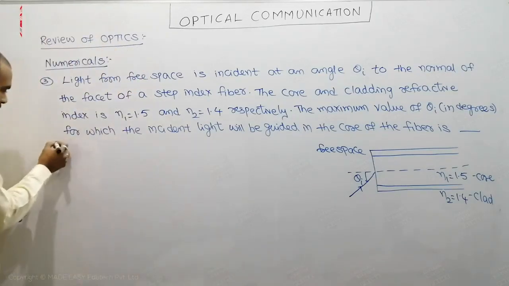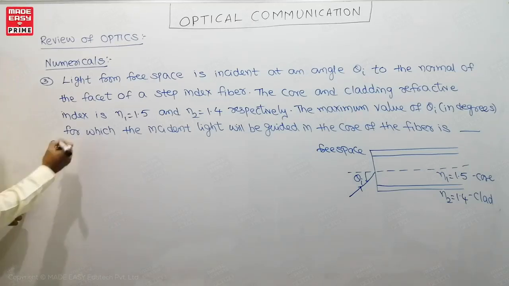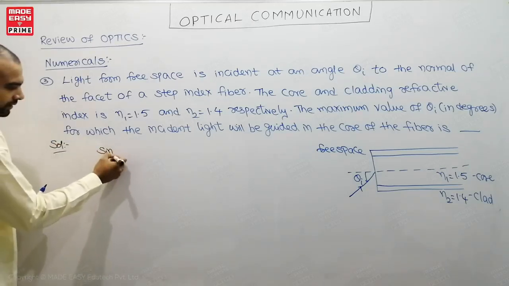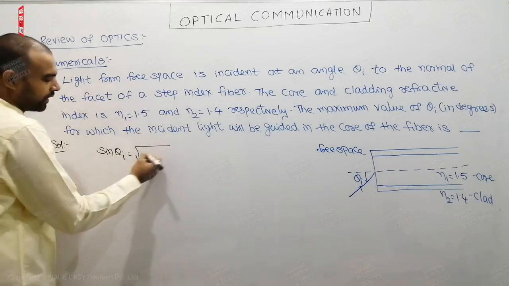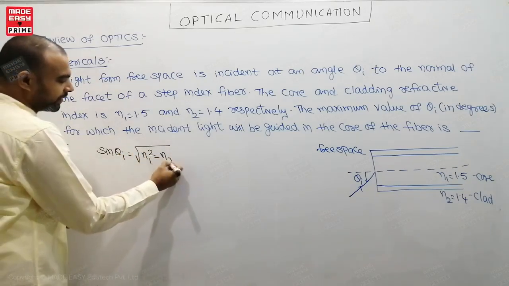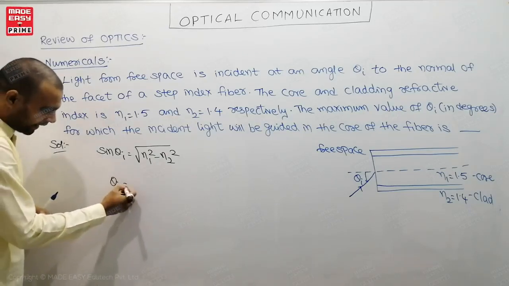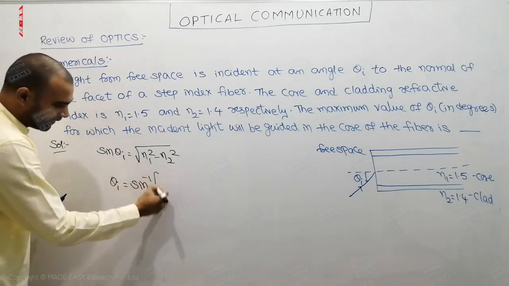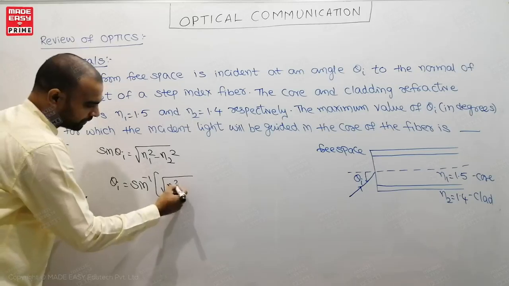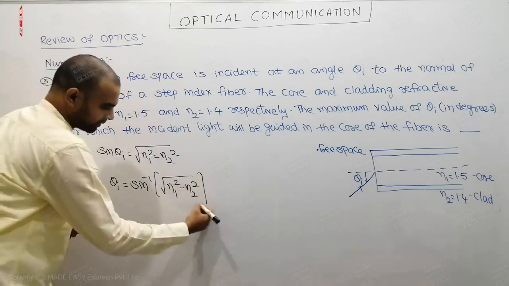So the solution is: sine theta I is equal to the square root of n1 squared minus n2 squared, and theta I is given as sine inverse of the square root of n1 squared minus n2 squared.